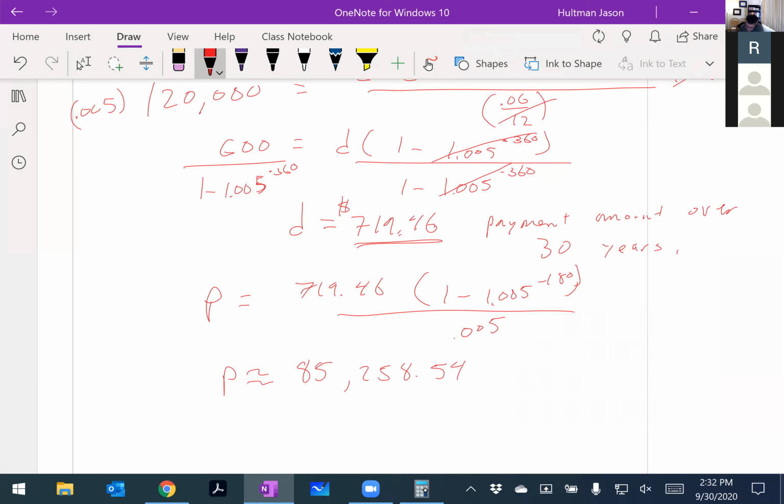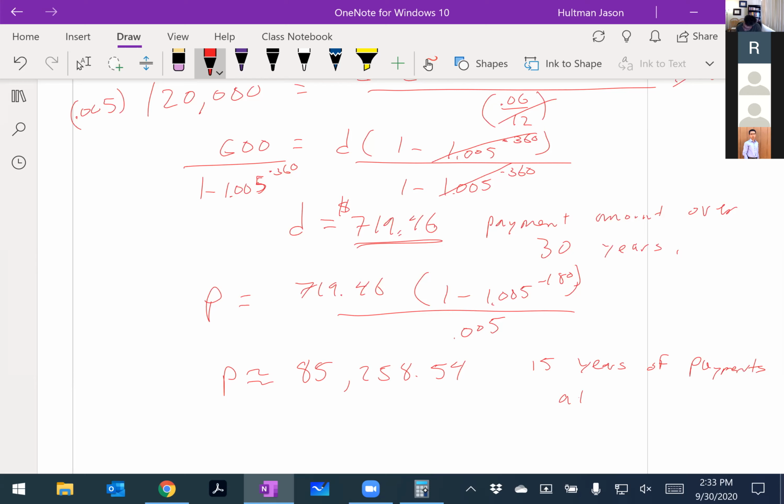So that's the amount of house that you could buy if you wanted to make the same payment, but do it over a 15-year period. This is 15 years of payments.